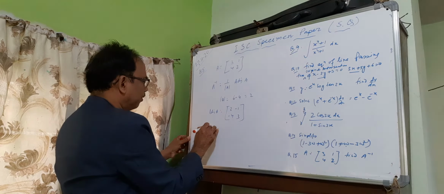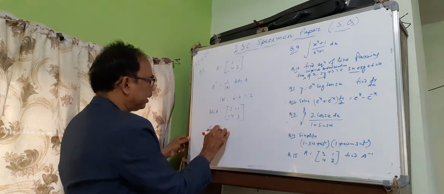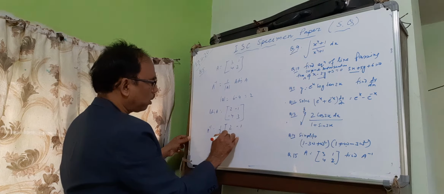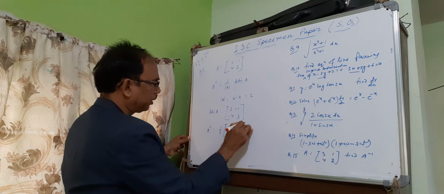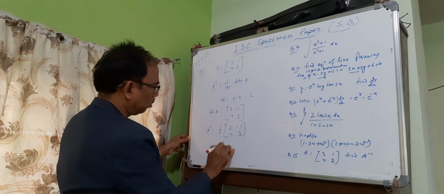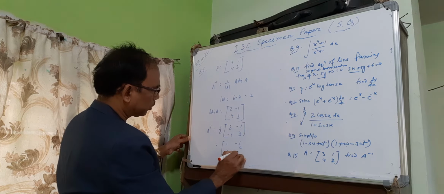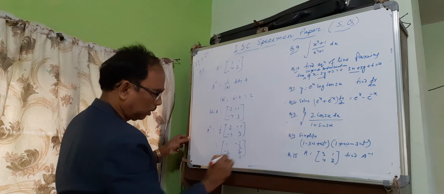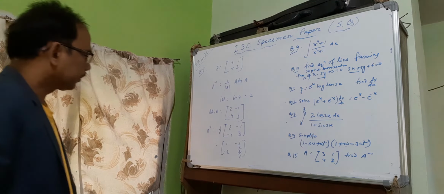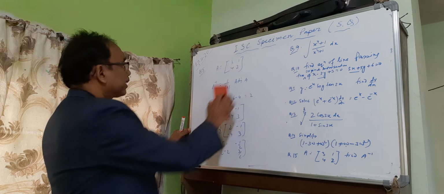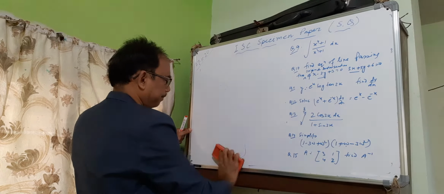Now A inverse is 1 by mod A, that is 1 by 2, times the adjoint 2 minus 1, minus 4 3. That is 1, minus half, minus 2, 3 by 2. That is the A inverse of this matrix.